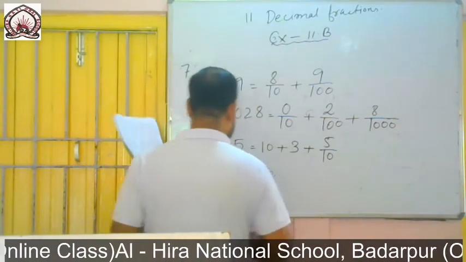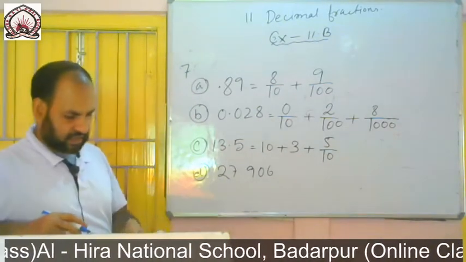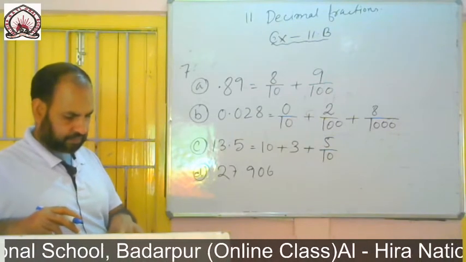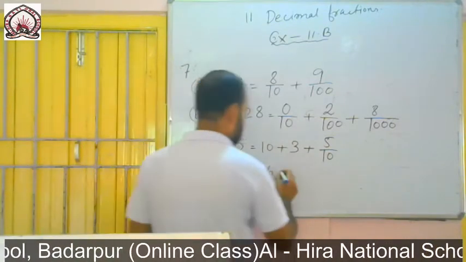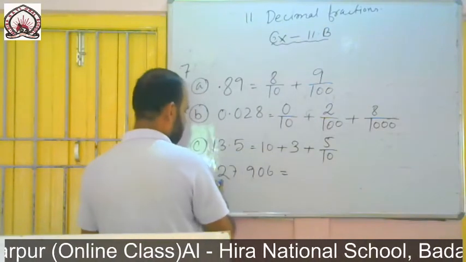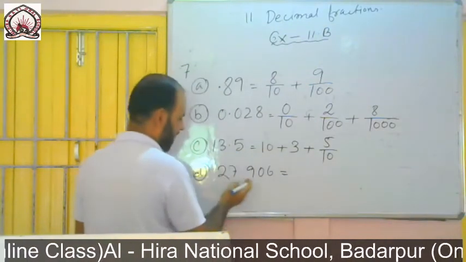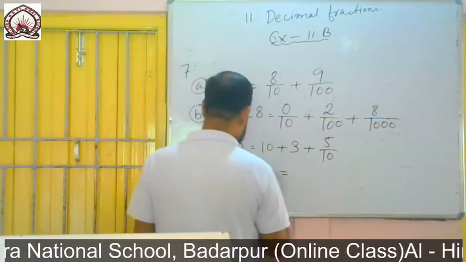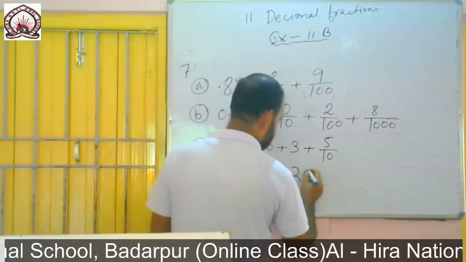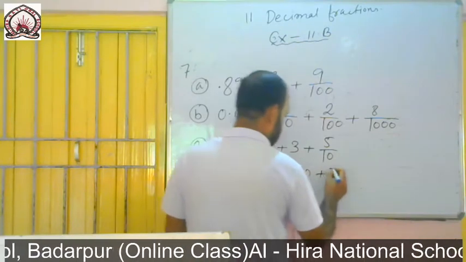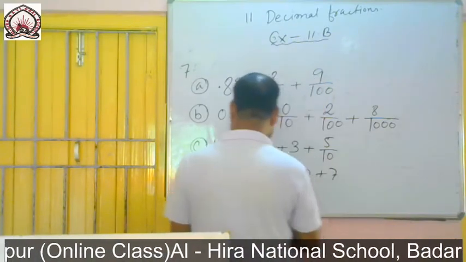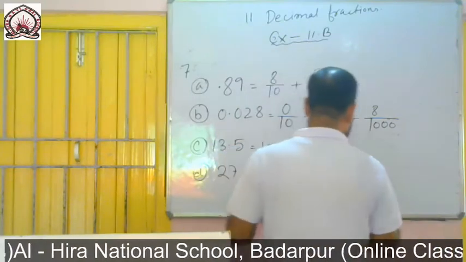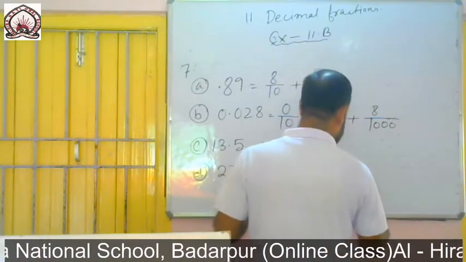27.906. Here the place value of this 2 is in the tens place, before the decimal. 2 tens are 20, plus 7 ones is 7, 7 times 1's place. Plus 9 is in the tenths place, so 9 by 10.